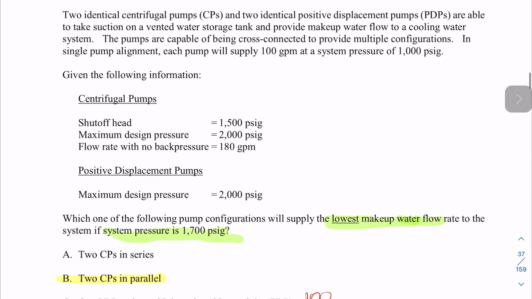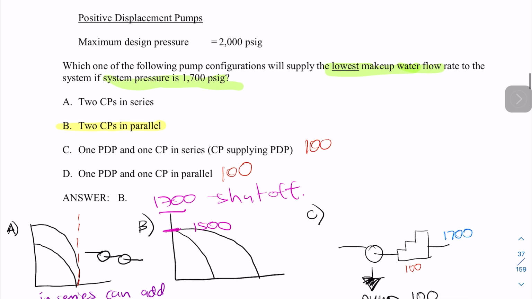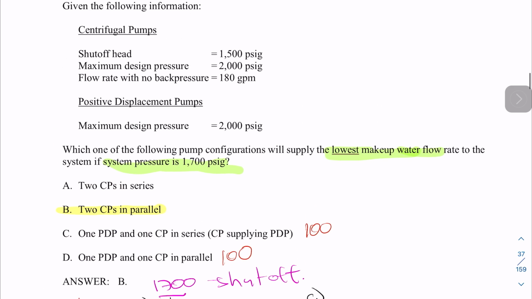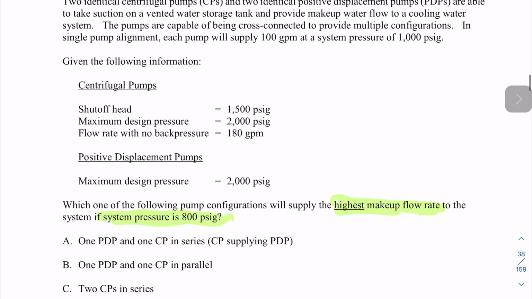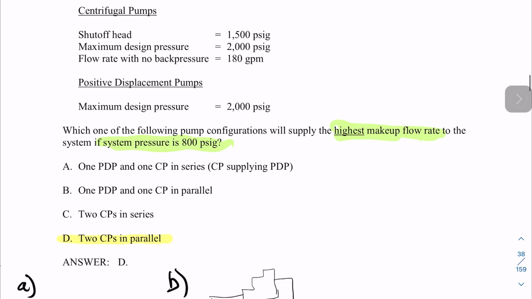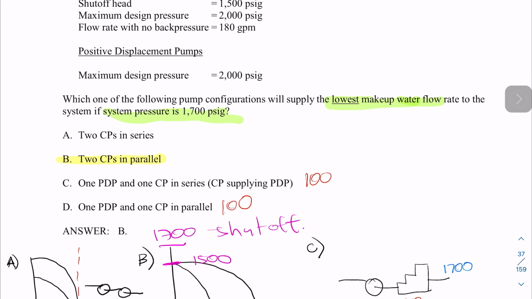And then these ones are going to be slightly similar. The only issue with this one is that we have one that is PDP and one is CP, but the same principles apply to these ones. And then this one is going to be exactly the same. This one is very easy because we can determine which one is giving you the lowest flow, and they are giving you the system pressure.